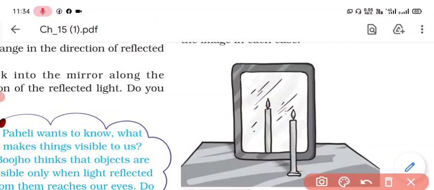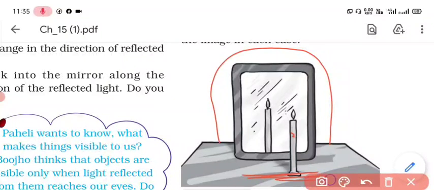We can't obtain the image of that candle on any surface. If we place a sheet of paper behind the mirror, we are not able to observe the image. And if we place the sheet of paper in front of the mirror, that means behind the candle, we are still not able to obtain the image on that screen.